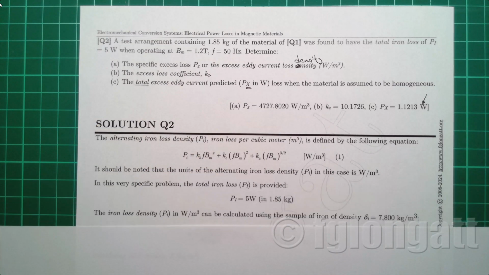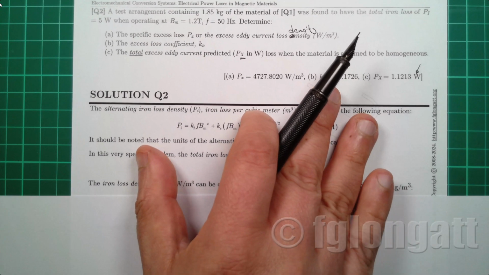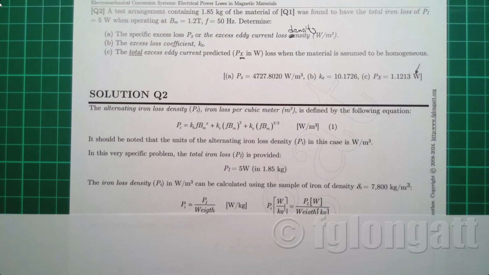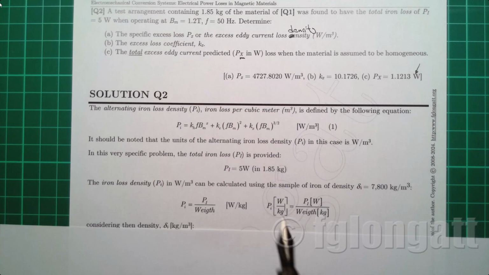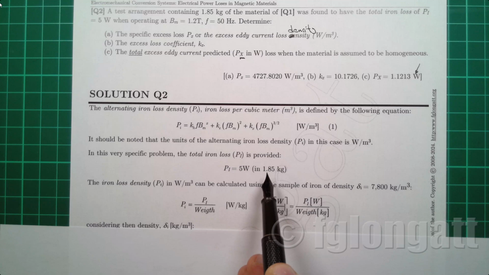So we can be tempted to use the iron density that we know from the previous problem. If you remember, we know that there are 5 watts dissipated in 1.85 kilograms.